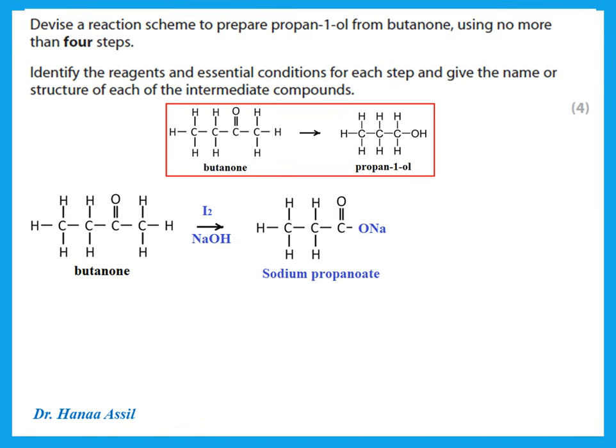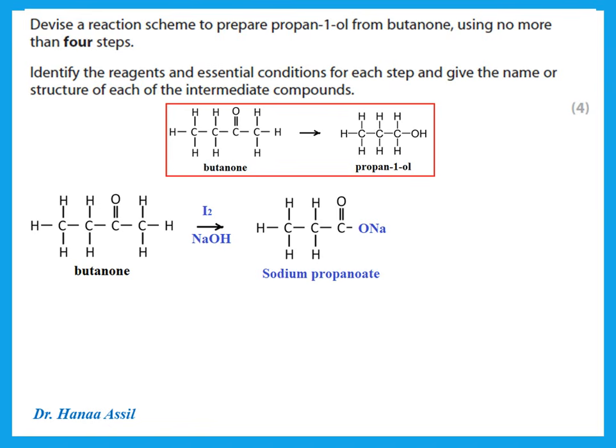Well, the first thing I can do is remove the extra methyl group. Remember, we said if I have a methyl next to a ketone, I can add iodine in presence of sodium hydroxide, alkaline iodine solution. It removes that extra CH3 and puts a sodium salt instead of it. So this prepares sodium propanoate.